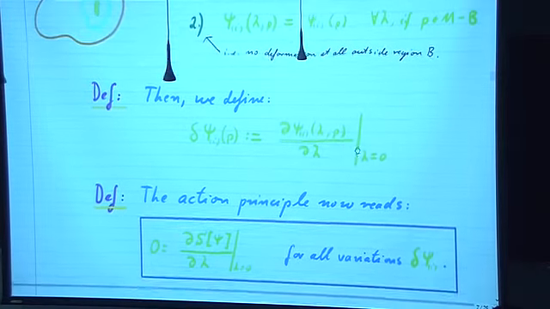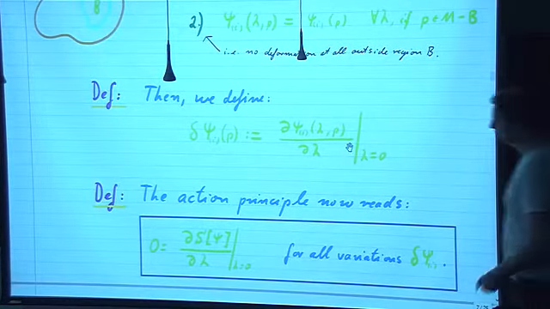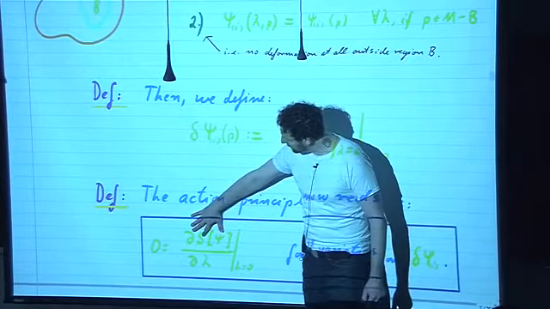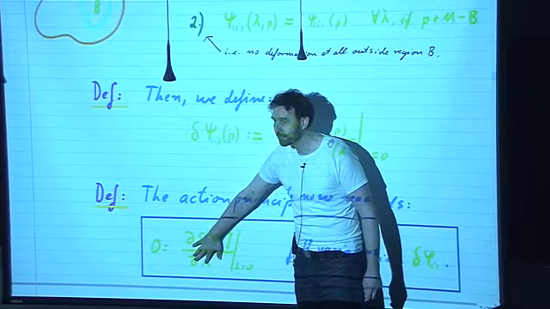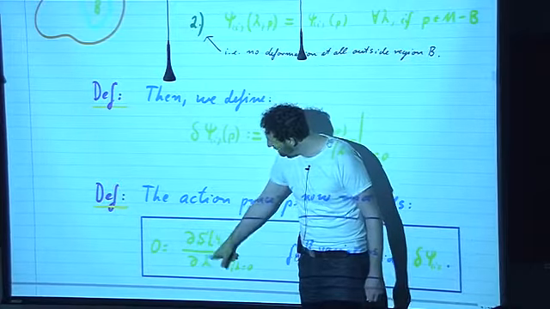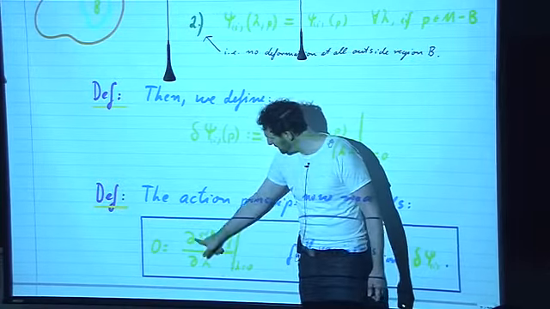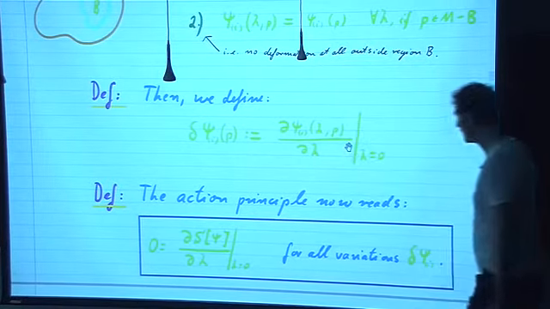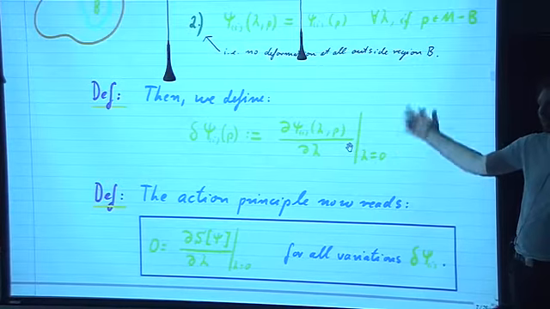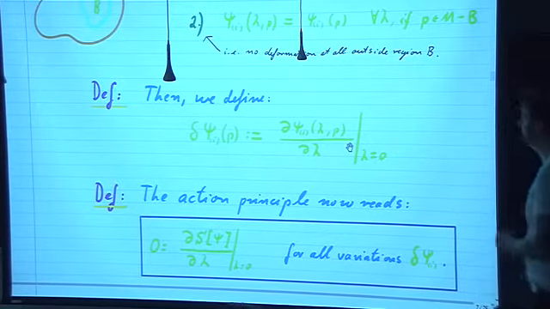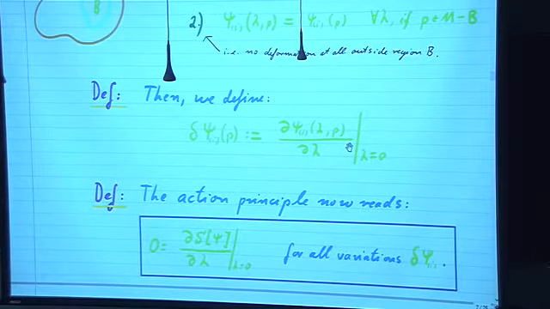Then the action principle says that the variation, or the rate of change of the action with respect to a change in that parameter, which is now an ordinary derivative, is equal to 0 for all possible variations, all possible ways that you can parameterize changes in that physical field.